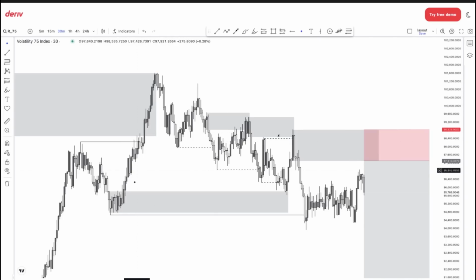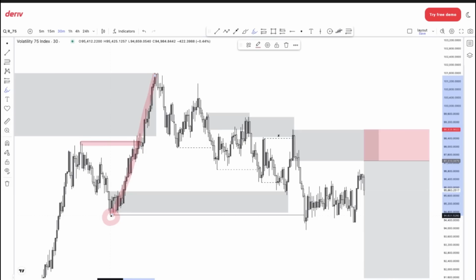No, we need some additional confirmation, because do not forget that in order for us to get a trend change, the price needs to do what? Price needs to invalidate the most recent low that led to a break of structure. Now, this is the most recent low that eventually led to price creating a break of structure around that area there. So as you can see, we eventually created this break of structure.